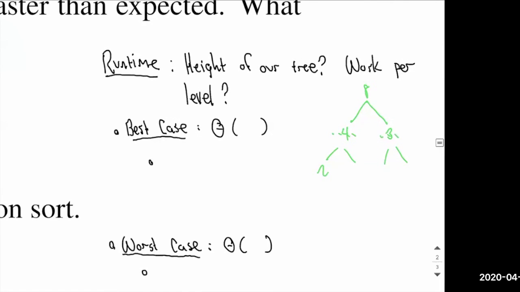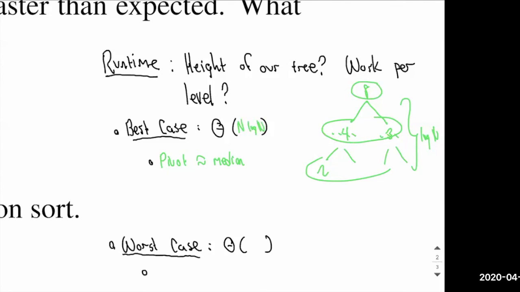That is to say that the pivot that we choose is roughly the median of our sorted array. So then the height of our tree will be log n, and the work per level is n, but the total work we'll see that it is n log n in the best case.